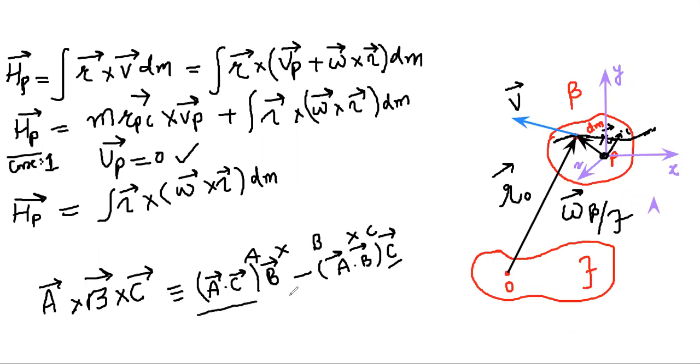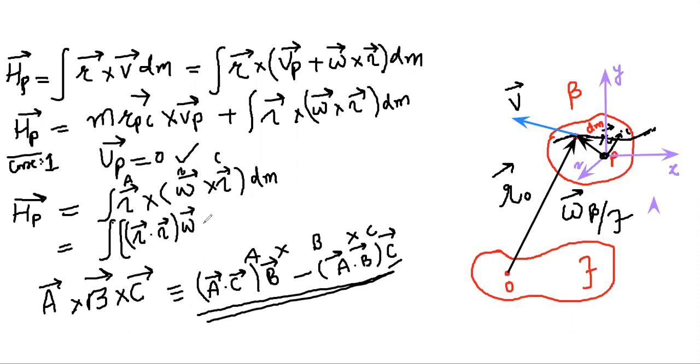Then using this identity, we can write this as the integral of, with this as our A, this as our B, and this as our C vector. First is A dot C, meaning vector R dot product with C, that is R dot R, multiplied by vector B, that is omega.